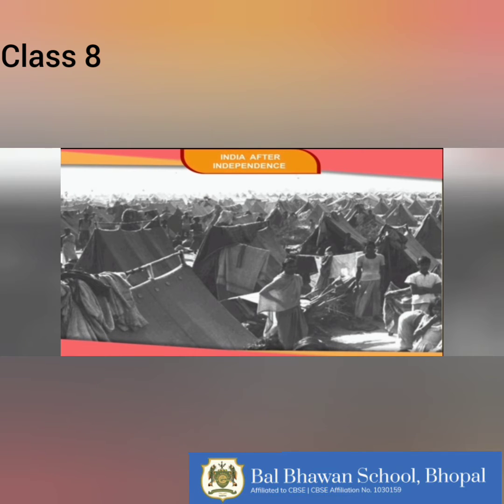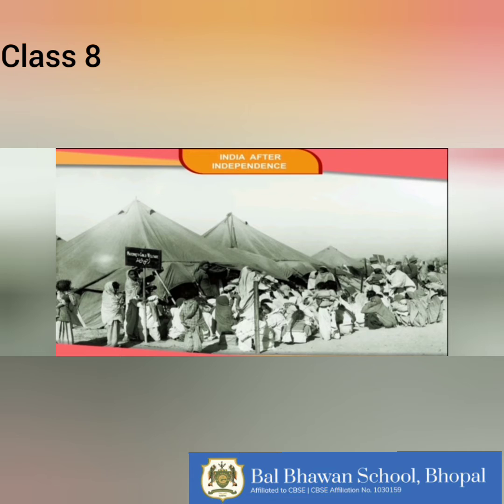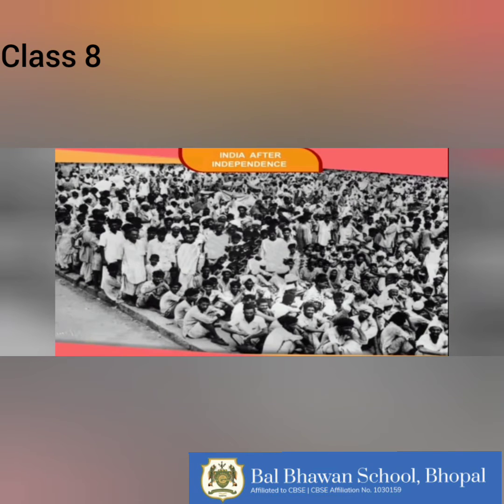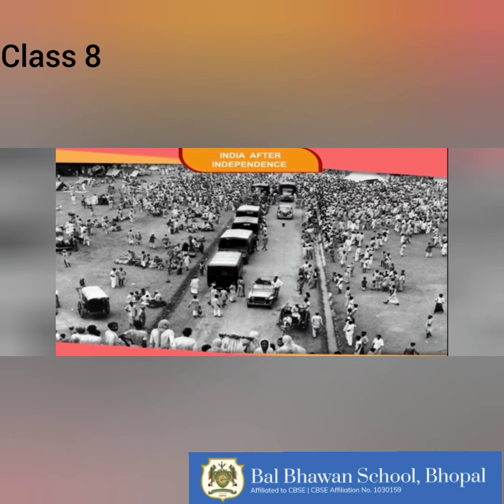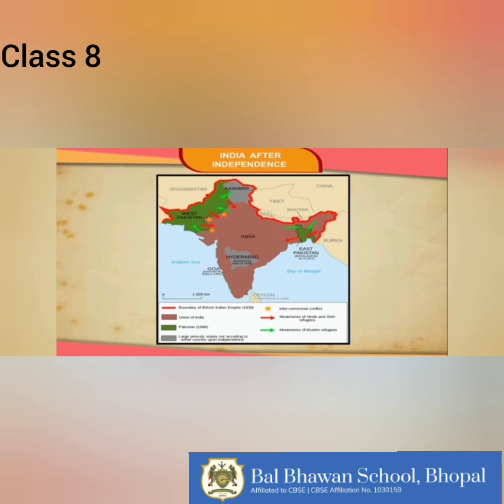India's problem was not only to provide immediate relief to the immigrants, but at the same time to resettle them in profitable occupation. Another major challenge for independent India was the integration of the princely states. These princely states were ruled by Maharajas or Nawabs.